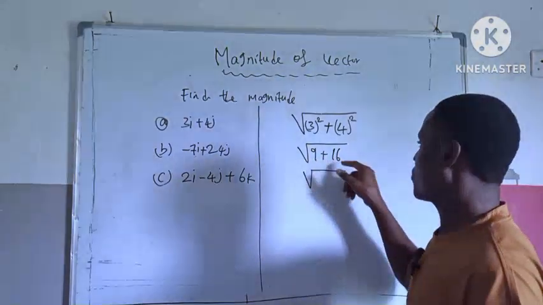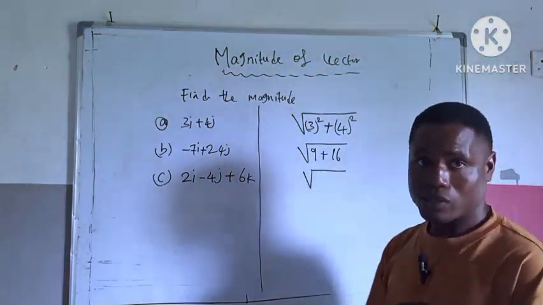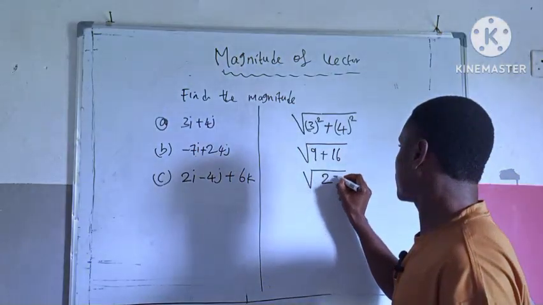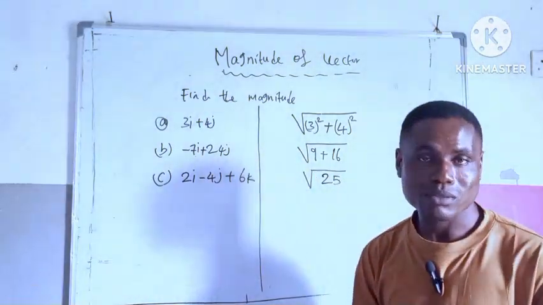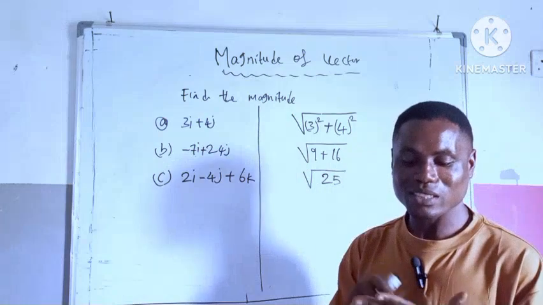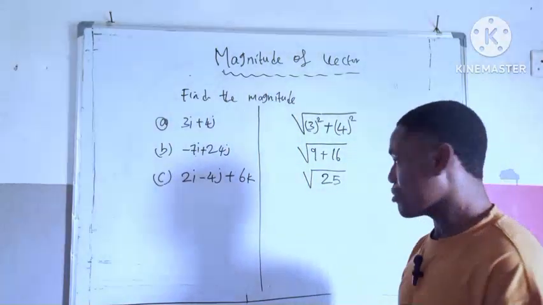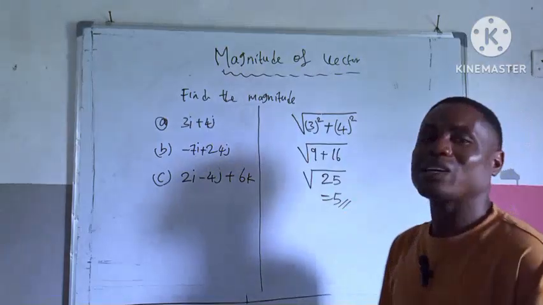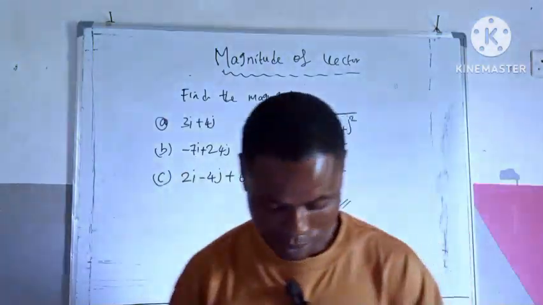You know now, 9 plus 16, right? 9 plus 16 is 25, right? So, square root of 25 is what? Many of you will press the calculator. Square root of 25 is 5. Is it hard or simple?